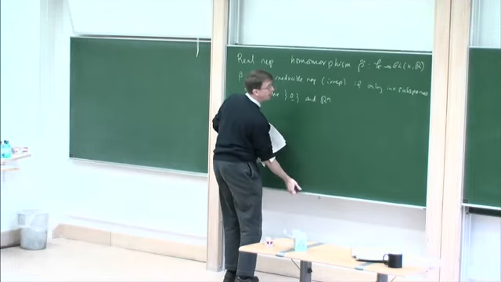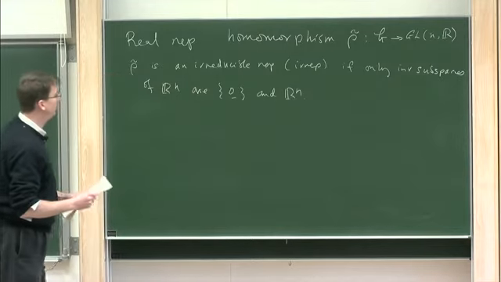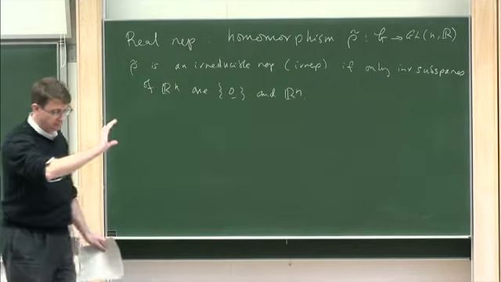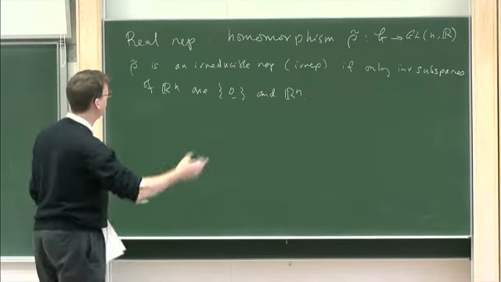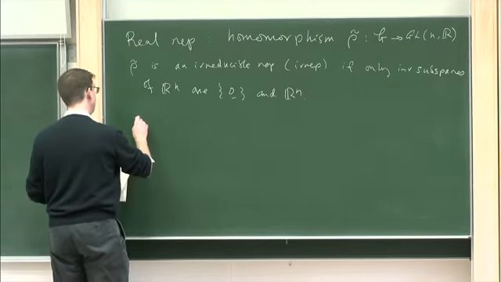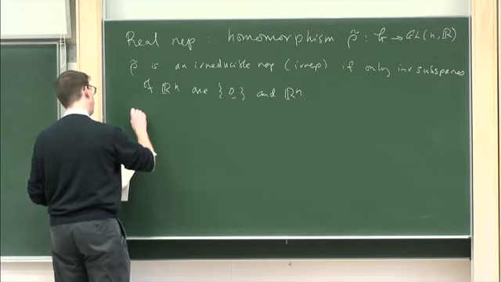Okay, so there are no non-trivial proper invariant subspaces. I can't write Rn as a direct sum V plus V perpendicular, and have a separate action on V and its complement. So I want to introduce a refinement of this idea.